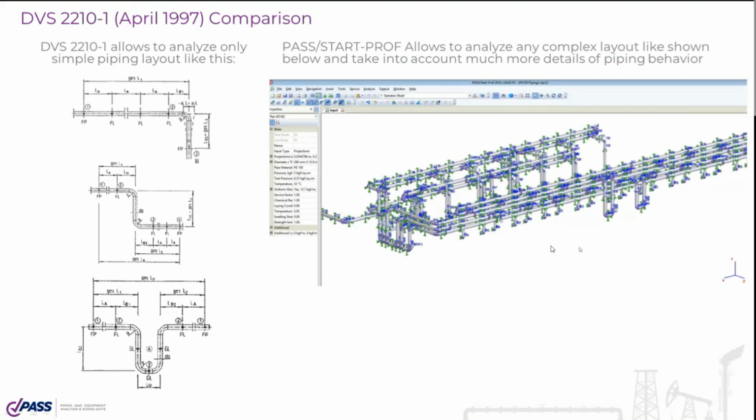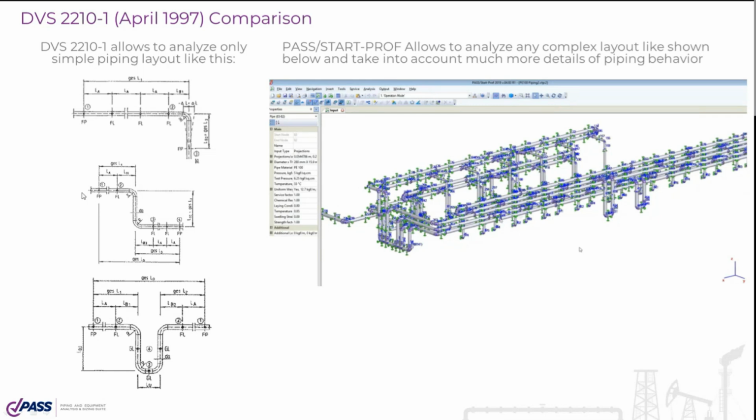And the next example is a thermoplastic process piping system made of PE100 material, polyethylene 100. Actually, the DVS code 2210, which is implemented in Staprov software, allows analyzing only simple piping systems like this.